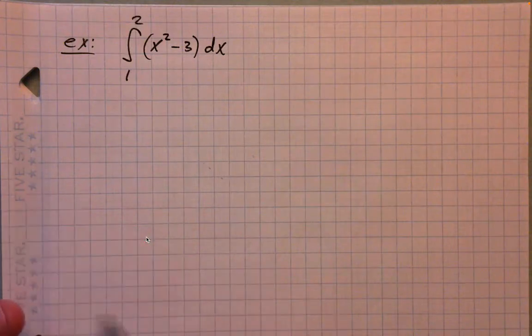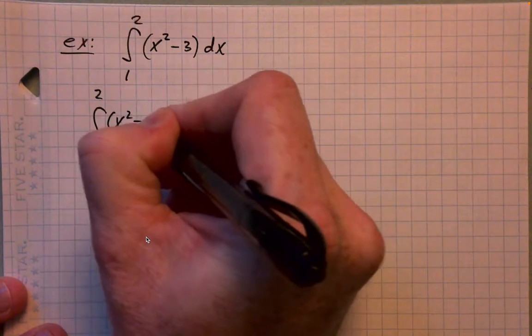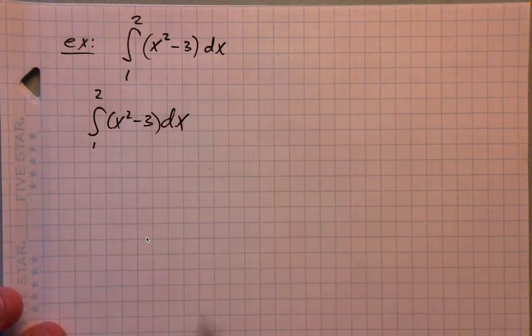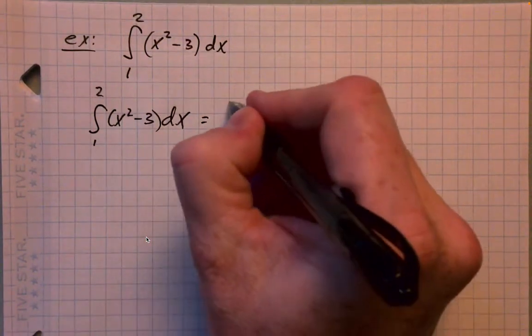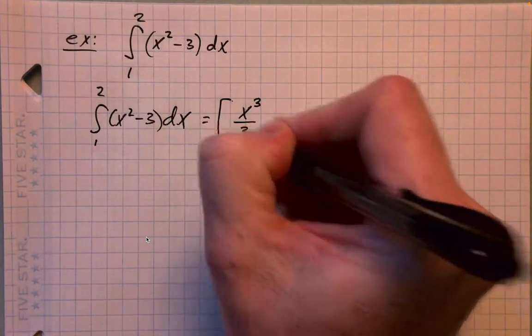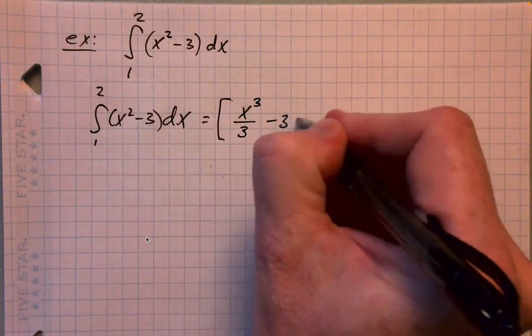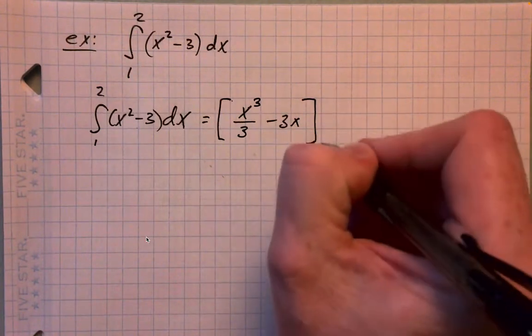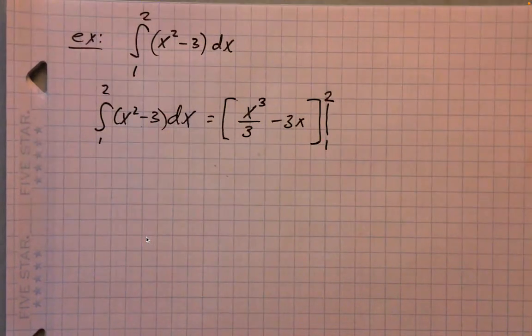But now we can just take the integral, and because this is just a polynomial, we know what the general form of the antiderivative of a quadratic looks like. We can just jump right to that and say this would be x to the 3rd power over 3 minus 3x. And that is going to be from 1 up to 2. That's the integration part of it.